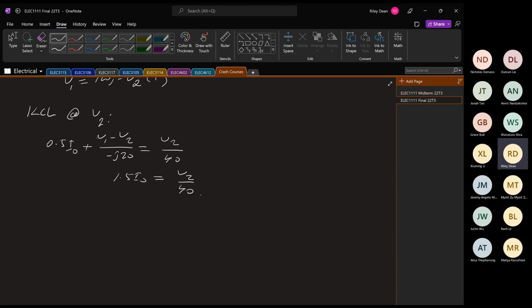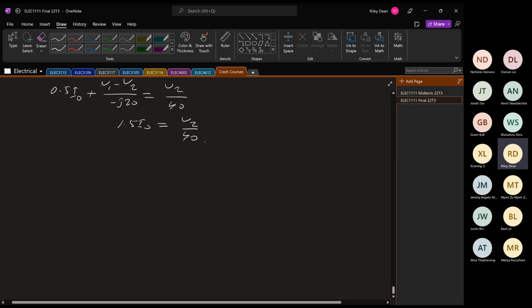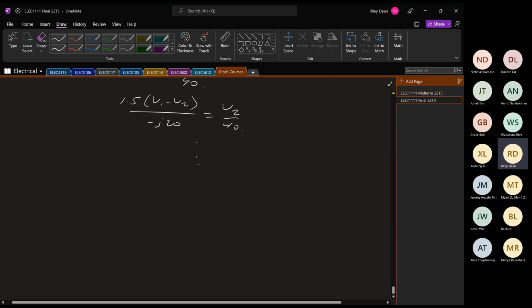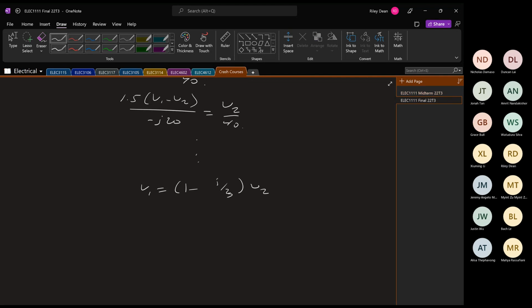If we expand this back out, we get 1.5 times V1 minus V2 on minus j20 equals V2 on 40, and then we rearrange that, we end up getting V1 equals (1 minus j on 3) V2.